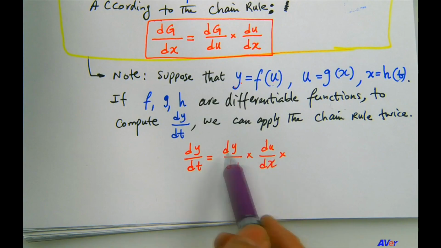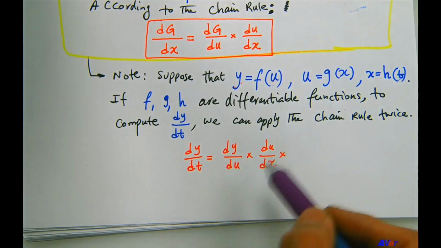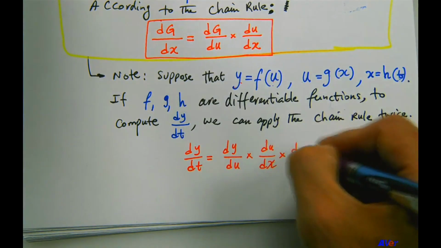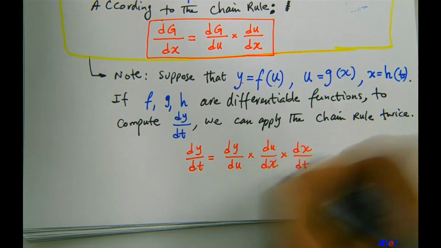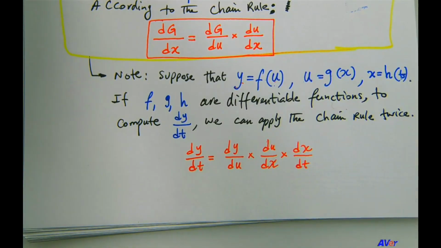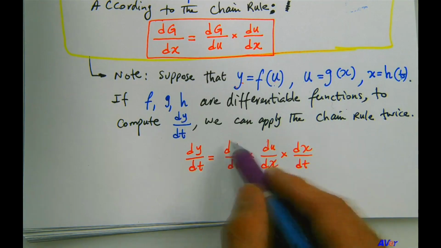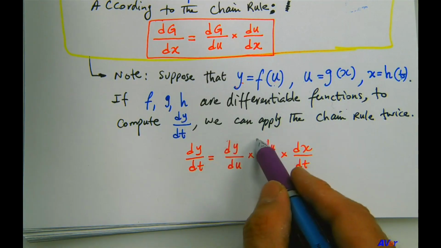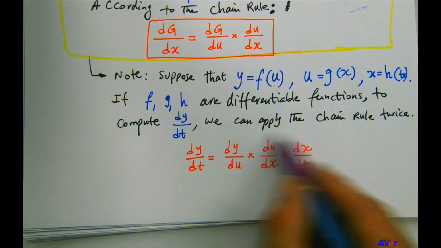From here to here is applying the chain rule once, and from here to the next one, dx/dt, is applying the chain rule twice.